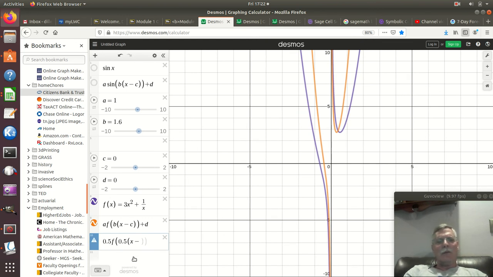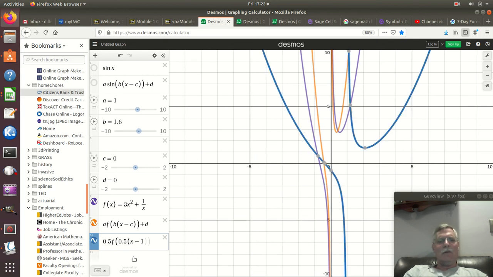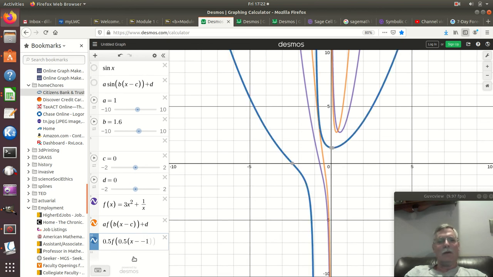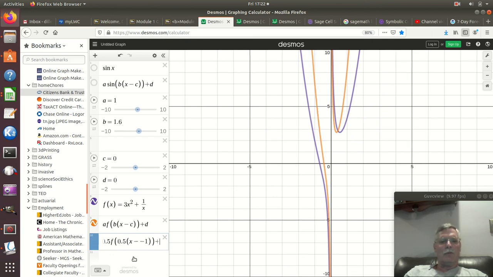Now I'm going to move it to the left by 1, so I have to subtract a -1, so I'm going to do a -1 there. So I move it left by 1, and I am going to move it up by 3, so plus 3.